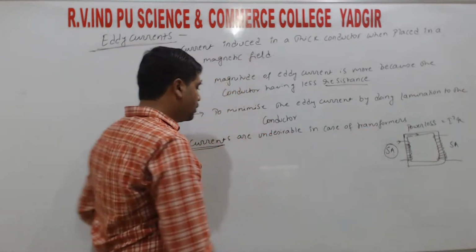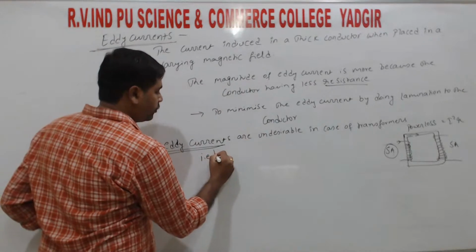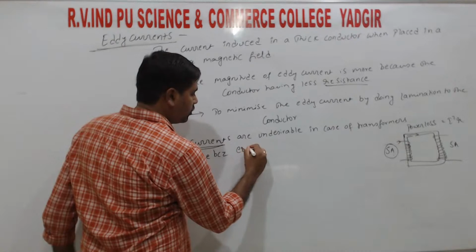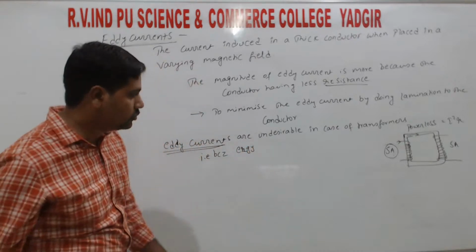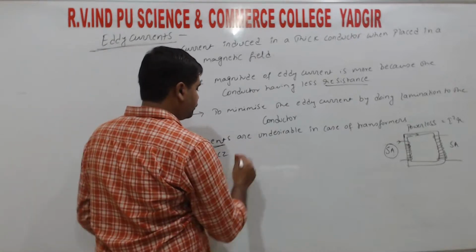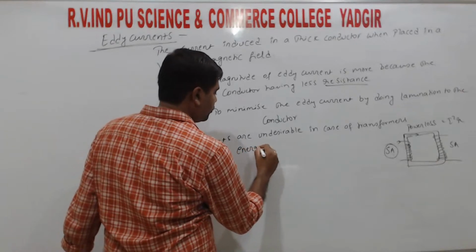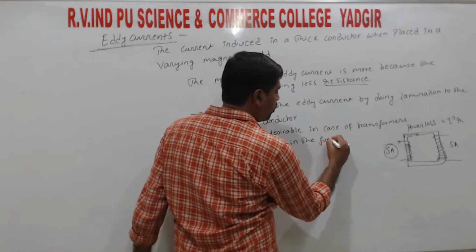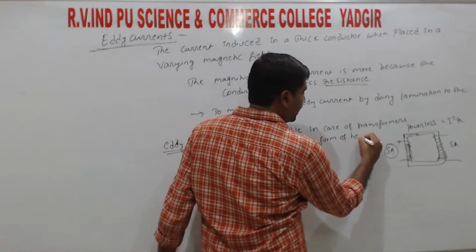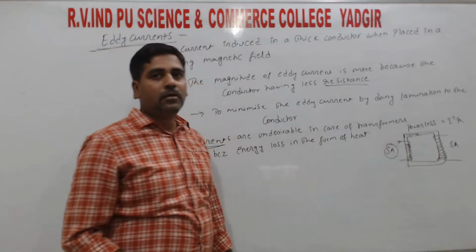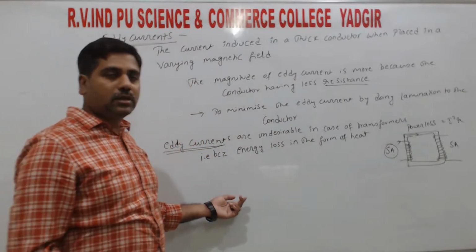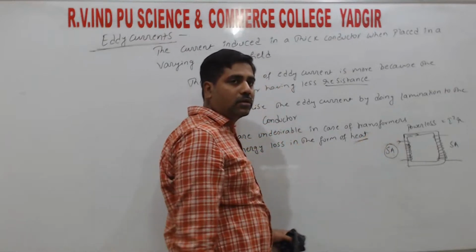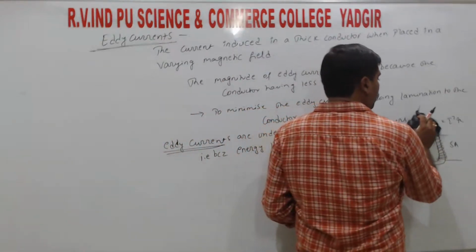That is because energy is lost in the form of heat, right? So in what form is the energy lost? Heating. Since it is a conductor, heat keeps being produced. So there is a loss, right?